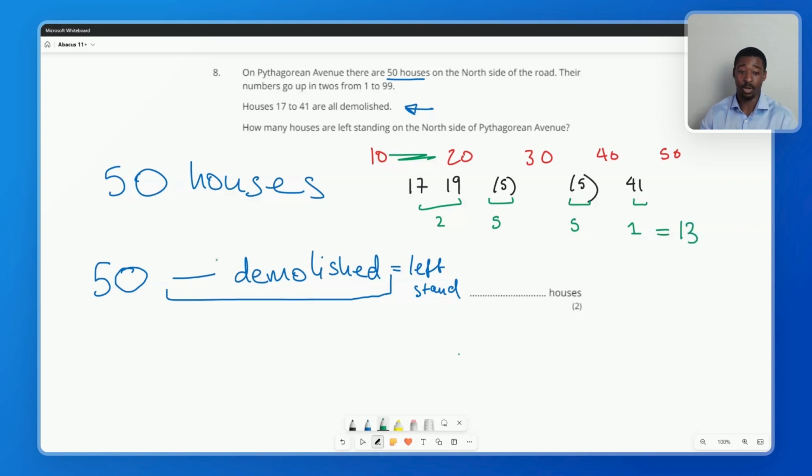So 13 houses demolished. Overall, we have 50 minus 13: 50 minus 10 is 40, 40 minus 3 is 37. So our answer is 37 houses are left standing on the north side of this road.